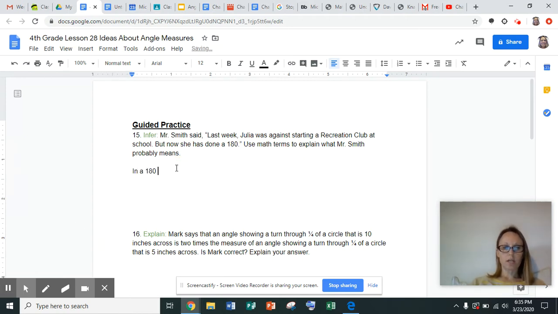So in a 180 degree angle, the two rays, because remember the two lines that form the angle are rays, so it would be a straight line. The two rays extend in opposite directions.